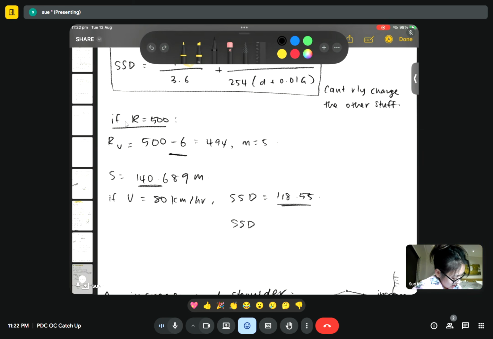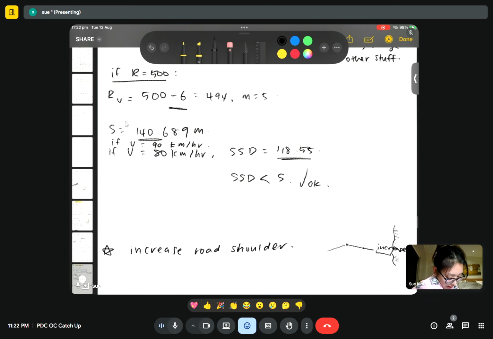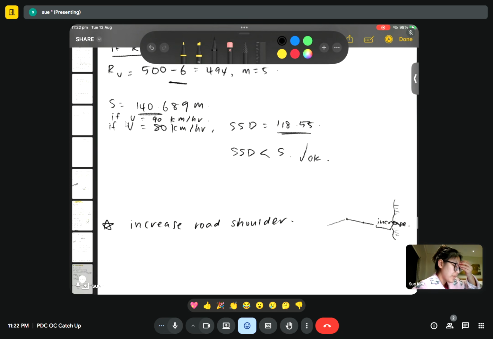Since it's less, it's going to be a valid road. So actually what you should do is check if V is 90 km an hour. So go from 100, 90, see if it works, and then go down to 80. And you should find that that's the first one at which the stopping sight distance is less than the sight distance.